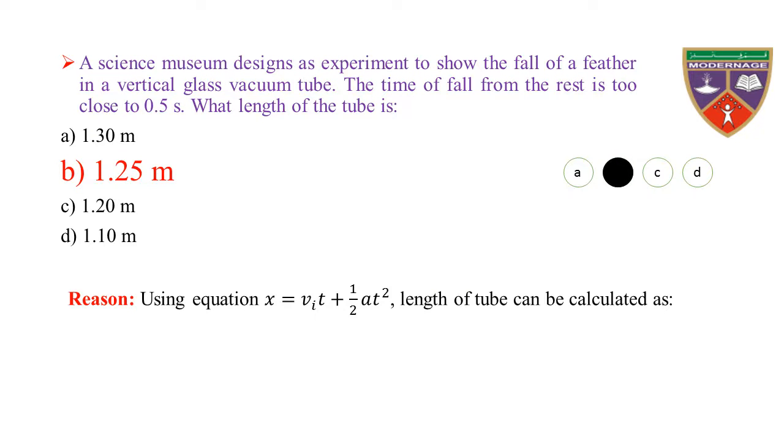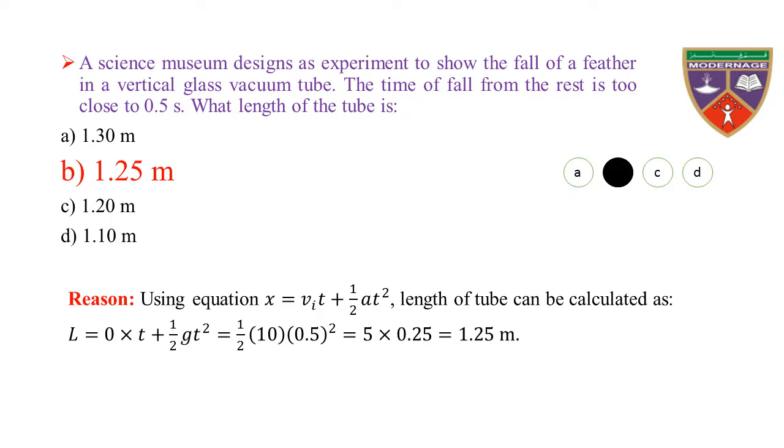Reason: using equation x is equal to vit plus half at square, length of tube can be calculated as L is equal to 0 into t, because the initial velocity is 0, plus 1 by 2 gt square, because a is equal to the gravitational acceleration g, which is equal to 1 by 2 into 10.